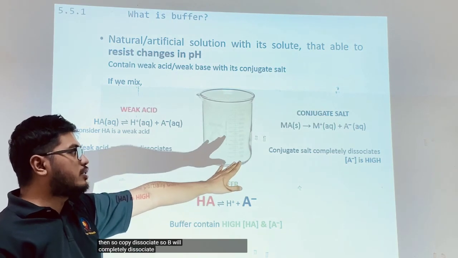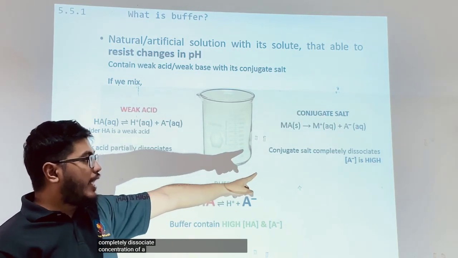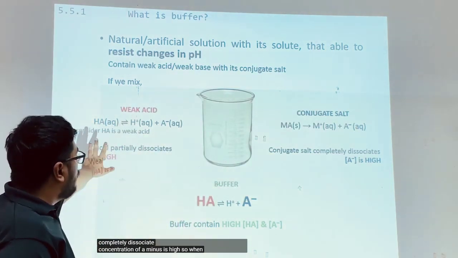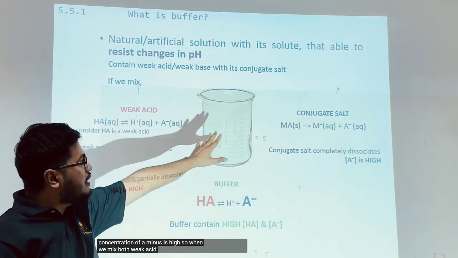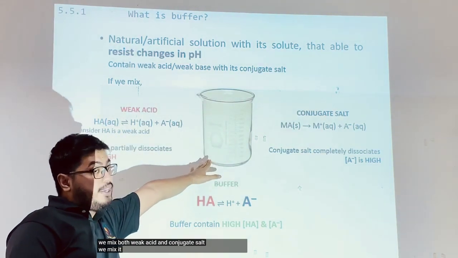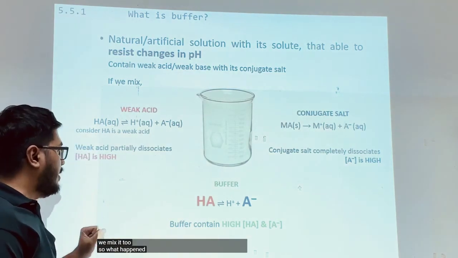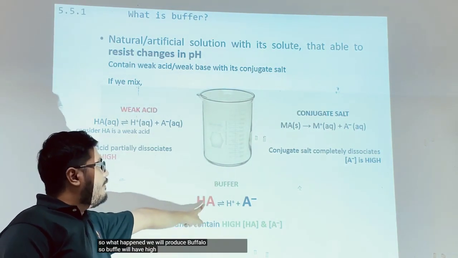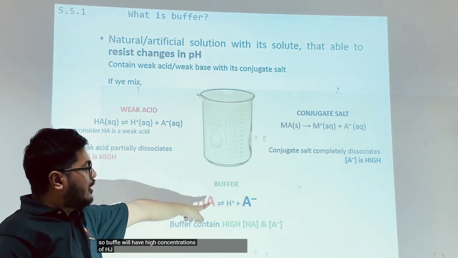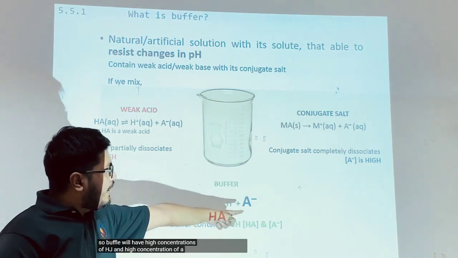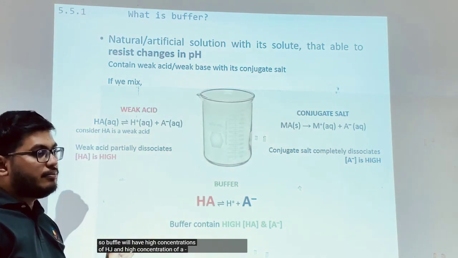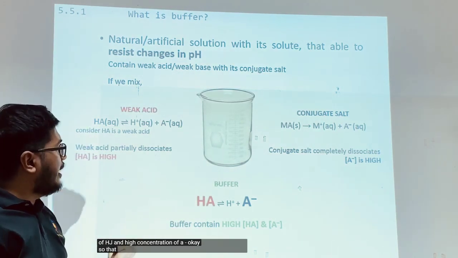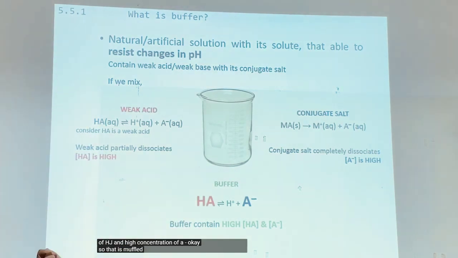So bila completely dissociate, concentration of A minus is high. So when we mix both weak acid and conjugate salt together, what happens? We will produce buffer. So buffer will have high concentration of HA and high concentration of A minus. Okay, so that is buffer.